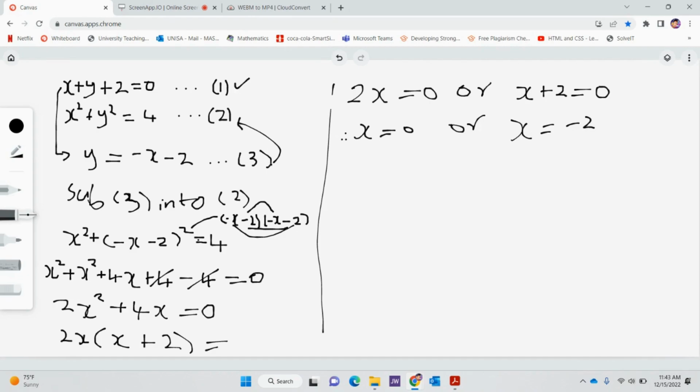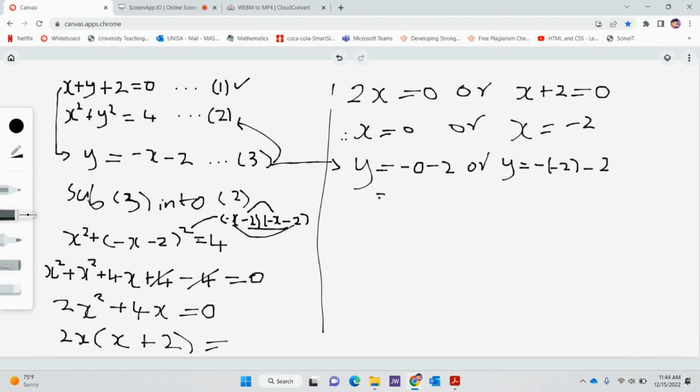And then since equation 3 already has y as subject of the formula, it only makes sense to substitute into equation 3. So it will be y equals to minus 0, our x is 0, minus 2, or y is equals to minus, our x now is minus 2, then we have minus 2.